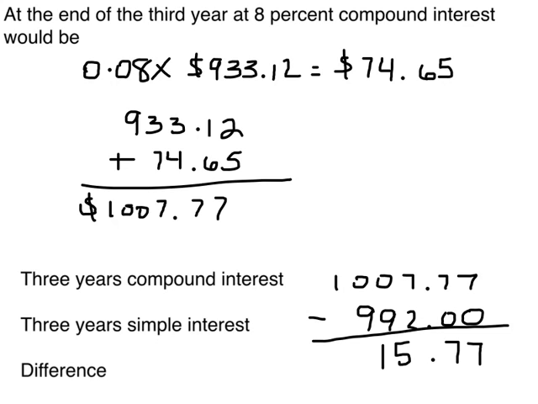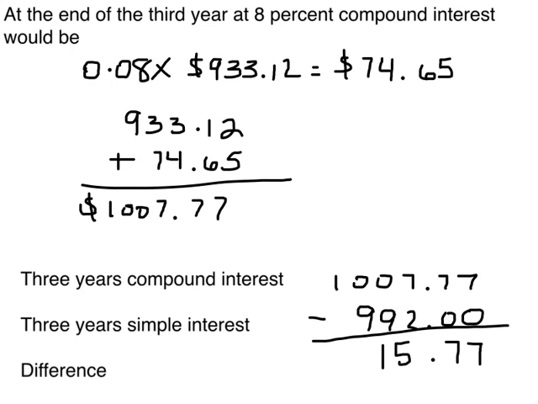So you see, in compound interest, the amount of interest you get each year is going to be a little bit more because your original amount is going to be different at the beginning of each year. So if she were being paid compound interest, at the end of 3 years, she would have $1,007.77.